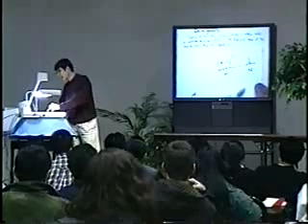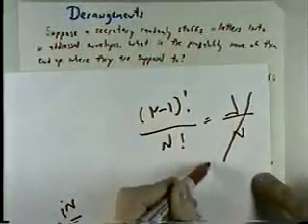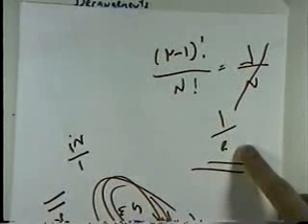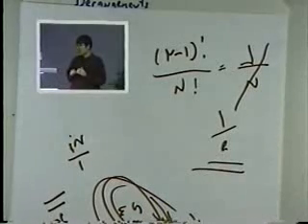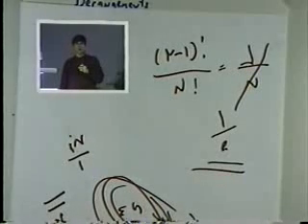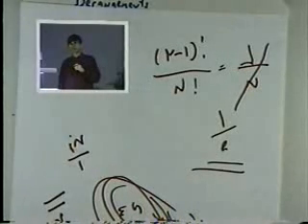I claim, in fact, that it's 1 over e, where e is about 2.718. It's not obvious why this is true, but it's kind of an amazing thing. What it says is that if you have more and more people in the room, the probability that nobody gets their hat back doesn't really change.